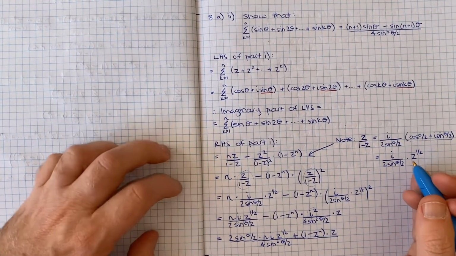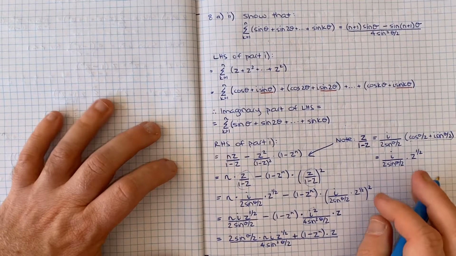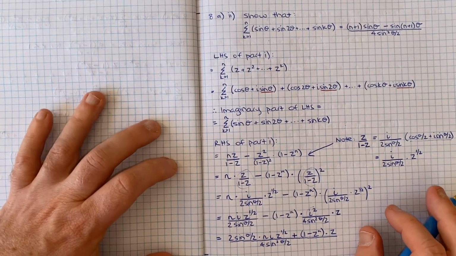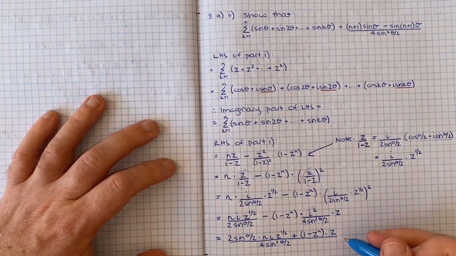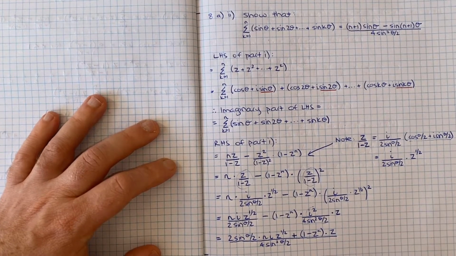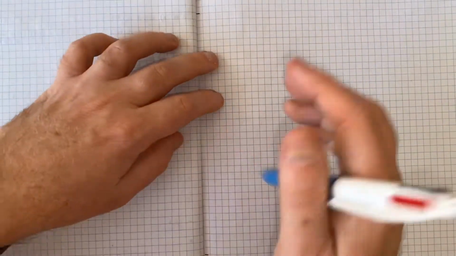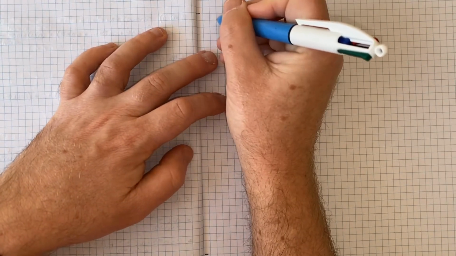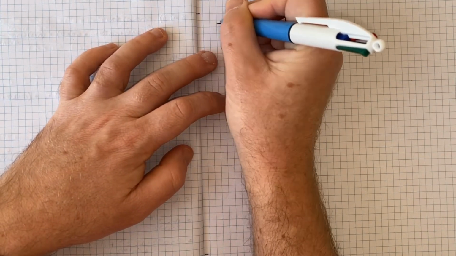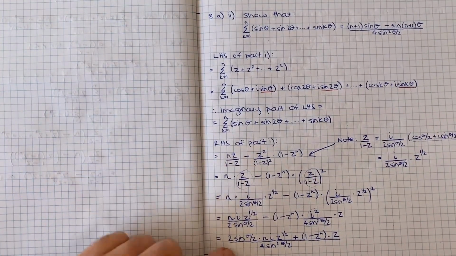So now, how do we simplify this? I'll probably have to turn over just to make sure there's enough space. So let's keep going. So we'll just come up here and we'll say which is equals. So still we're dealing with the whole of the right hand side. We haven't focused on the imaginary part yet.